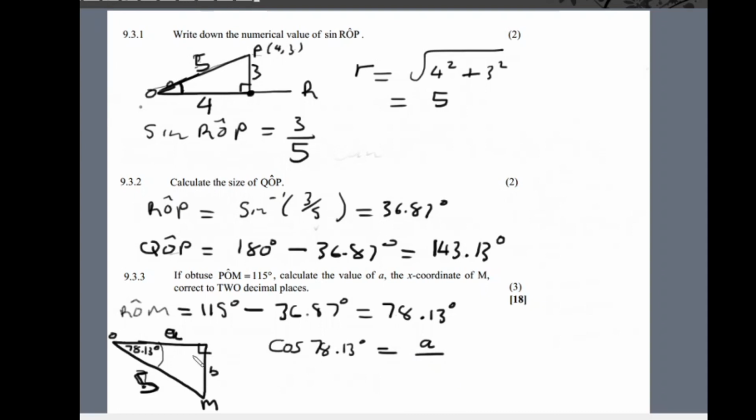So now cos of 78.13 will be A over 5. This implies that the value of A will be 5 times cos of 78.13 degrees, which from our calculator is equal to 1.03 units. And then we are done with question 9.